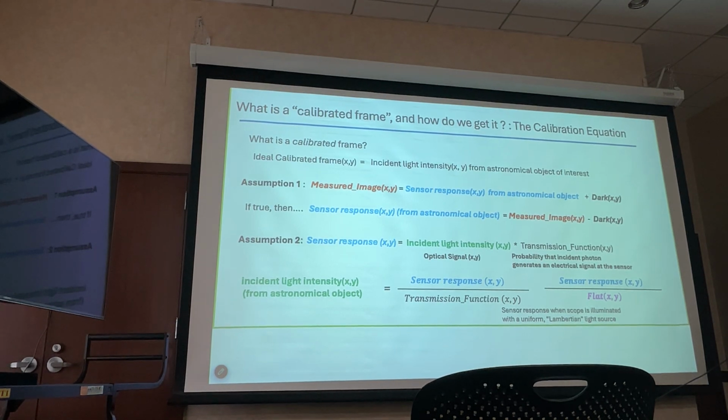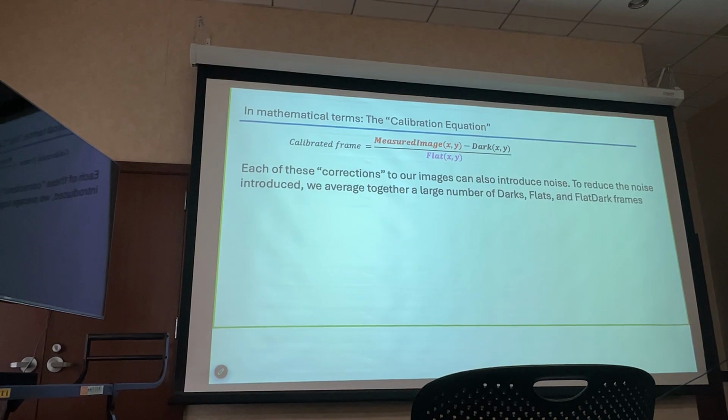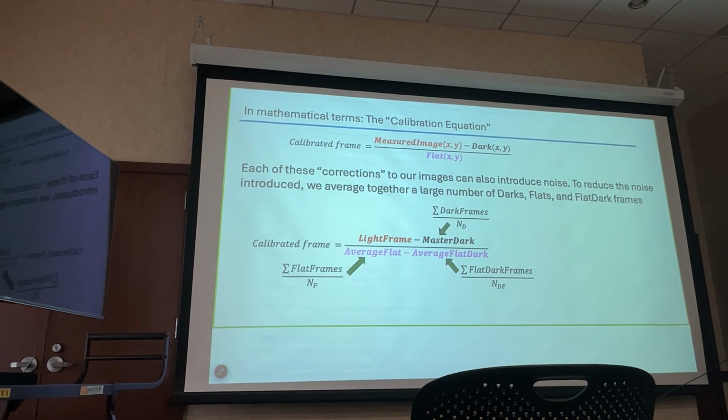So it has some assumptions built into it, but those are generally pretty valid. So this is what we end up as our calibration equation. We take our measured image and subtract from it what we call a dark frame.